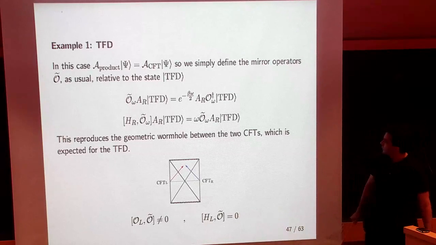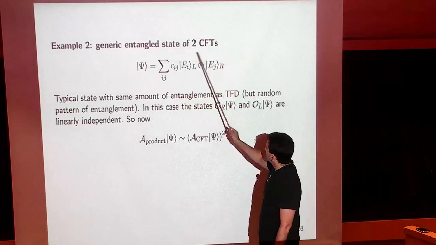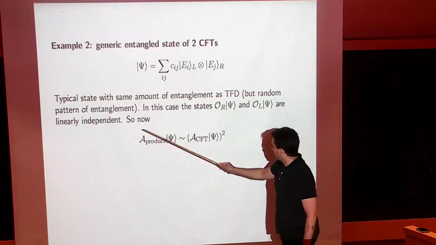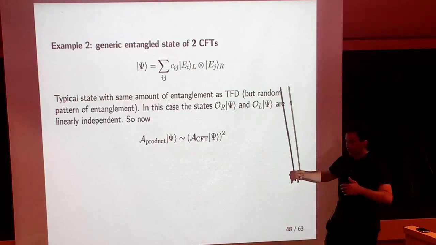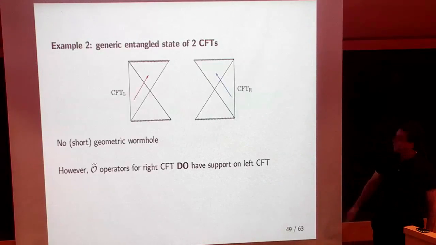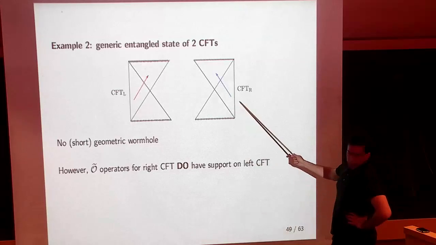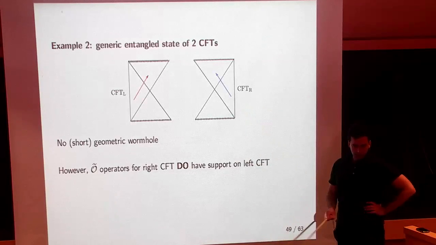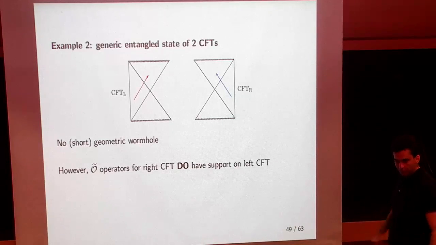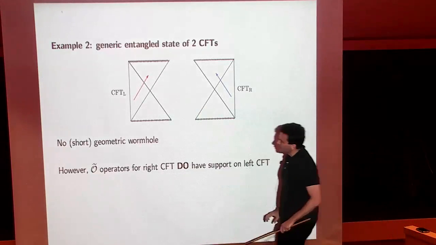Now, on the other hand, if you repeat the same process for a generic entangled state, then the Hilbert space that you get is, in some sense, the square of the Hilbert space that you get from a single CFT, and you reproduce something that looks like that. This Penrose diagram, I think, has also been drawn by Douglas and others. We should put question marks there. Yes.